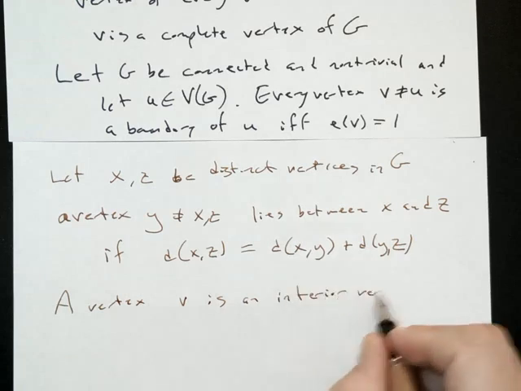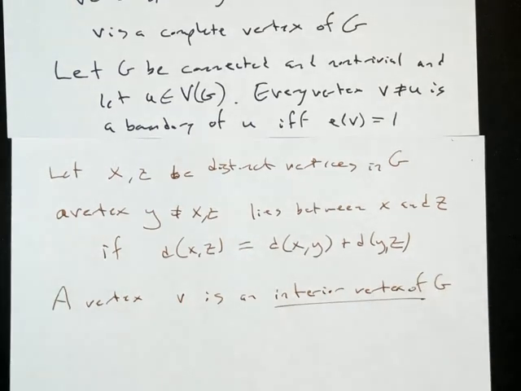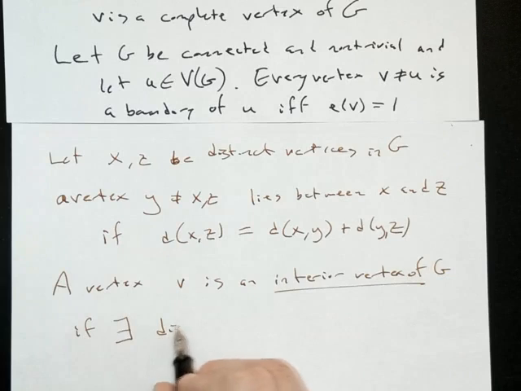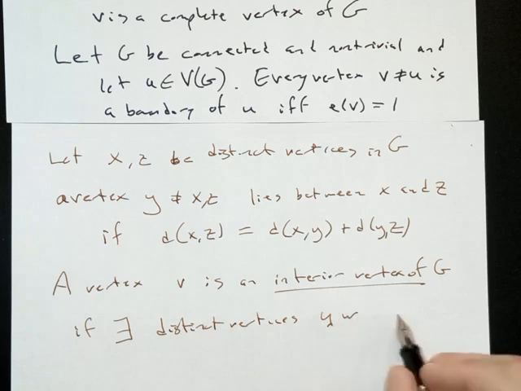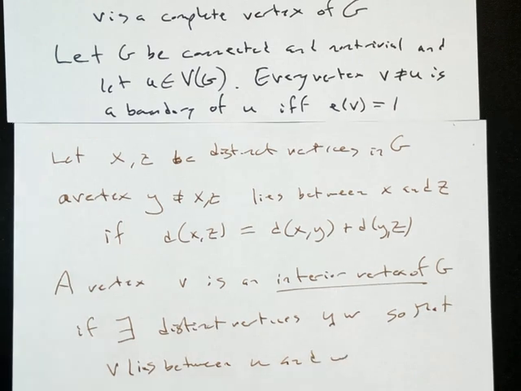I'm going to define the interior vertices of a graph. V is an interior vertex if there exist distinct vertices U and W so that V lies between U and W. So the interior vertices are the vertices that are between things.